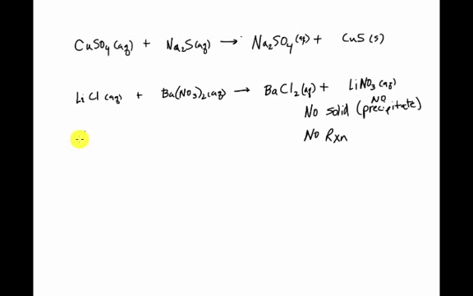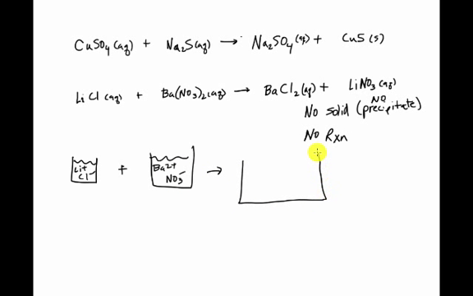Because if we think about the solutions, you've got lithium in solution, and the chloride's in solution, and you have over here barium, which is now in solution, and you also have the nitrate in solution. Now on the other side, how is it any different? What's changed? Well, barium's in solution, it's aqueous.